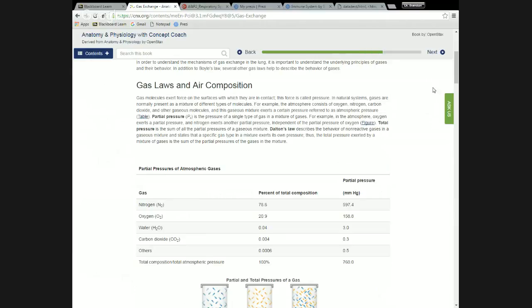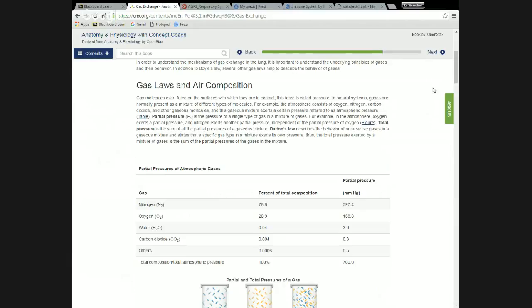The next one I want to talk about is Dalton's law, which can be summed up with the equation P subscript T, which means total pressure of a mixture of gases, is based on the pressure of one gas plus the pressure of a second gas plus the pressure of a third gas plus the pressure of a fourth gas, et cetera, et cetera.